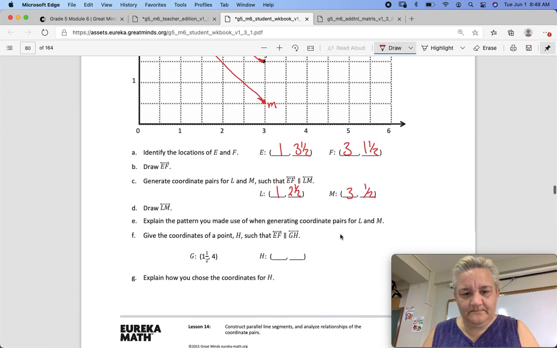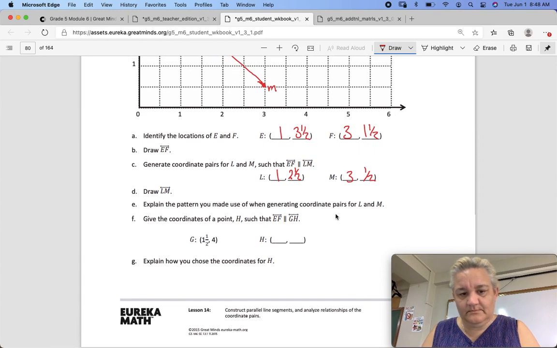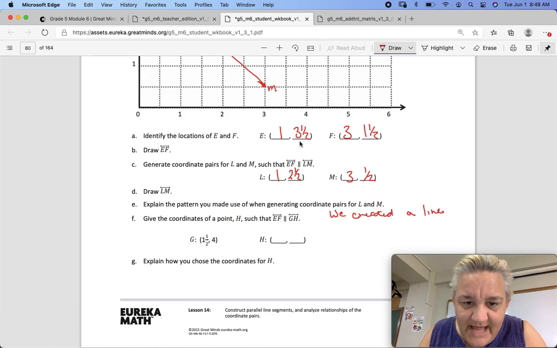So we created a line 1 whole less, and you can see this because 3.5 minus 1 is 2.5, and 1.5 minus 1 is 1/2.